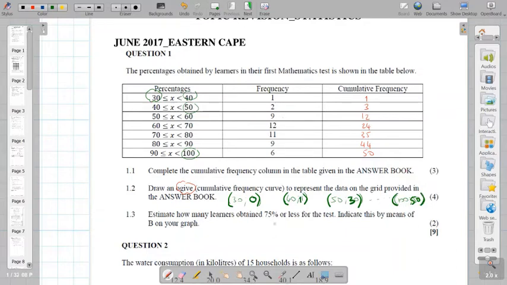And estimate how many learners obtained 75% or less. As you see, 75% is not one of the boundaries, so it's in between 70 and 80. So from 75% on the x-axis, we will estimate the value of cumulative frequency. So cumulative frequency will be our y-coordinate, and percentages will be the x-coordinate when we draw.